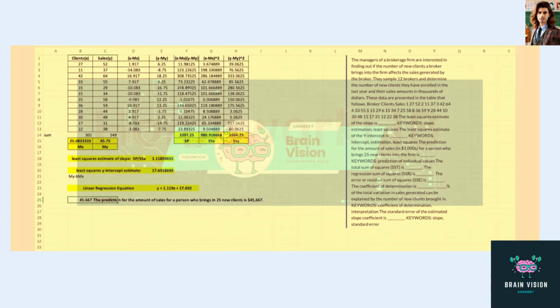I'm going to bold and highlight it yellow, and merge those cells. All right, there we go.